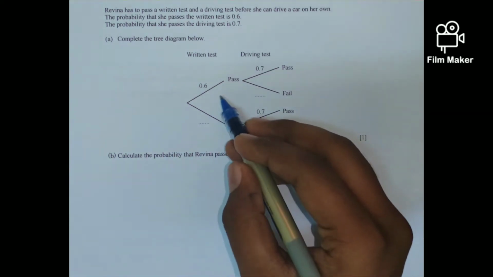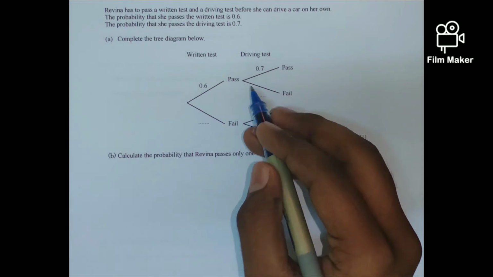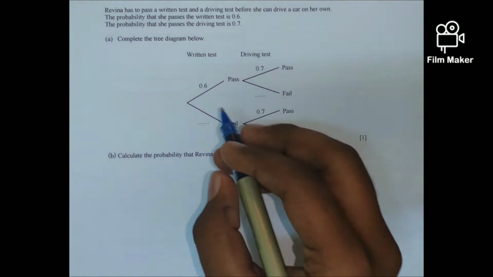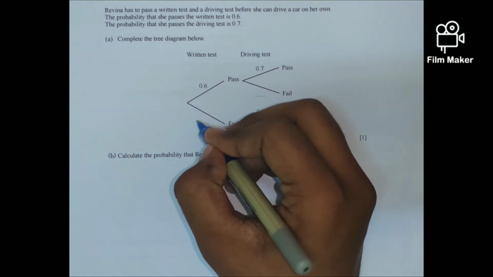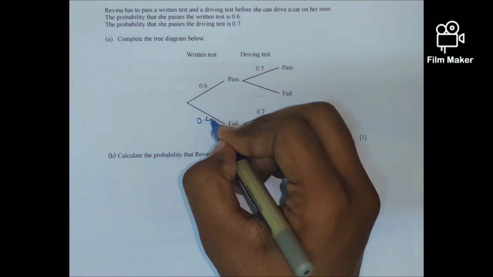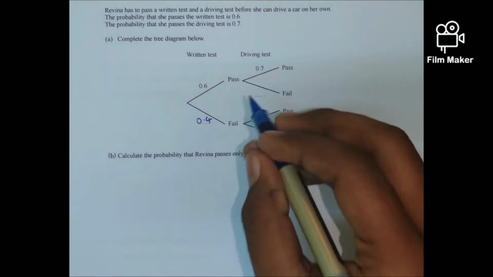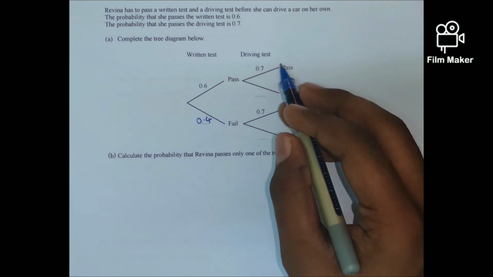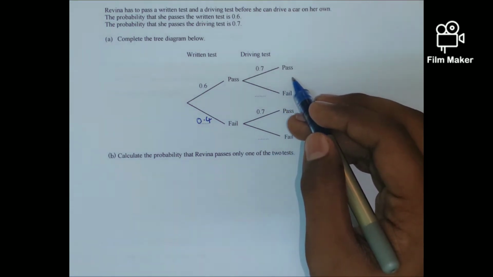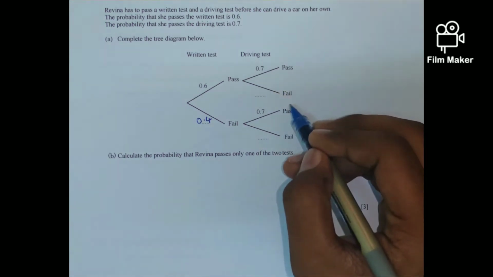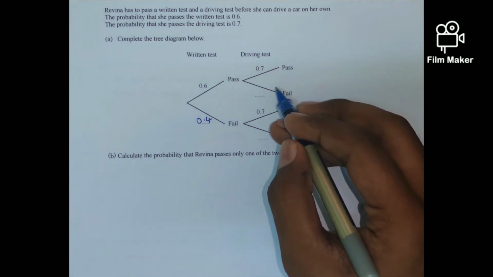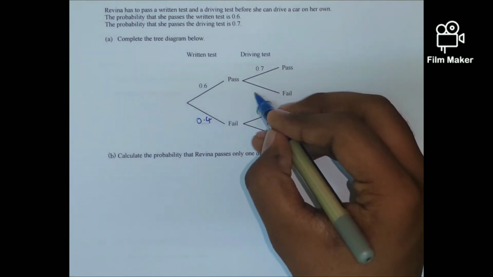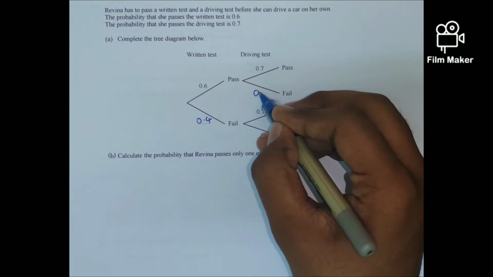If the probability of passing is 0.6, then failing would be 1 minus 0.6, which equals 0.4. Then in the driving test, the passing chance is 0.7, so failing would be 1 minus 0.7, which equals 0.3.